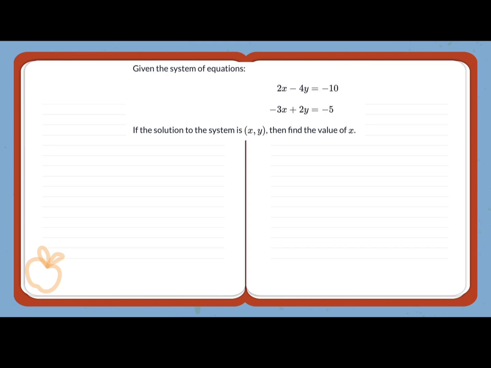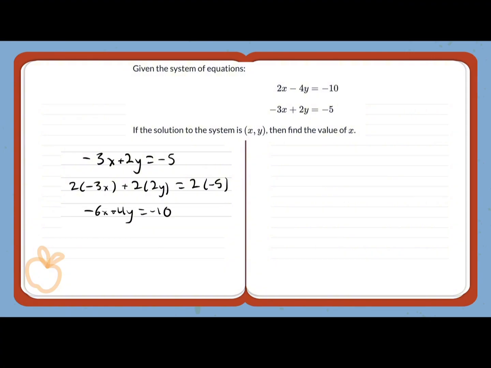If you look here, we have to change one of the equations to match the other. In this case, it would probably be easier to multiply the bottom one by 2, but you could divide the top one by 2 as well. Completely up to you. For me, I'm just going to multiply both sides by 2 for the second equation.